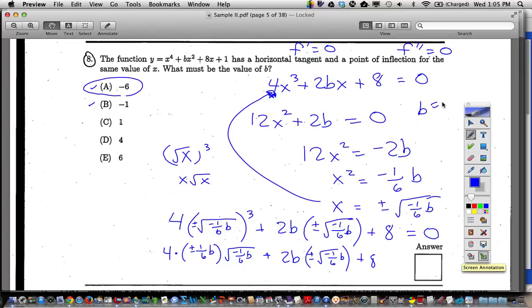So we get b equals negative 6x squared, and then put that back into there.